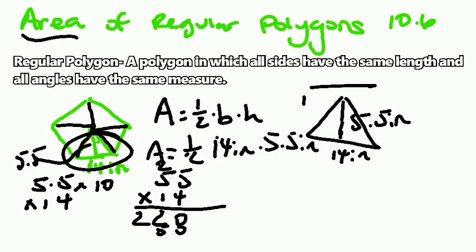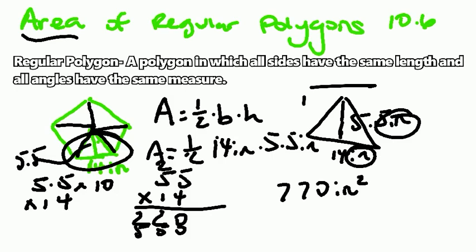And then I have 10 times 50, which is 500. Now I add that up, that would give me 770 squared inches because it's inch times inch. But since I did multiply it by a 10 to make it bigger, I do have to divide it by 10, which would make 77 square inches.